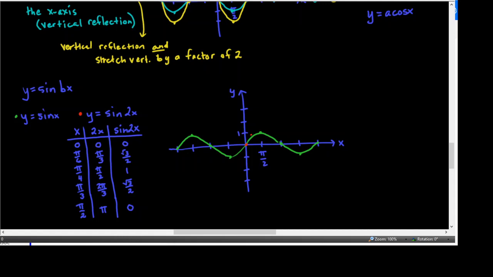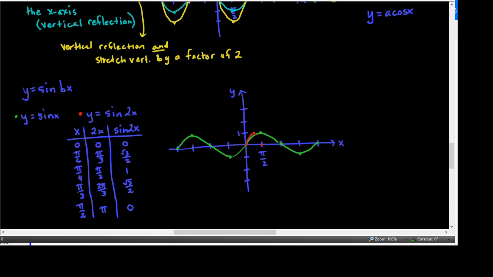For a given input, pi over 4, what's the output? 1. For a given input, pi over 3, what's the output? Square root of 3 over 2. For a given input like pi over 2, what's the output? 0.